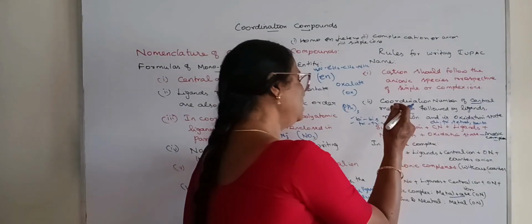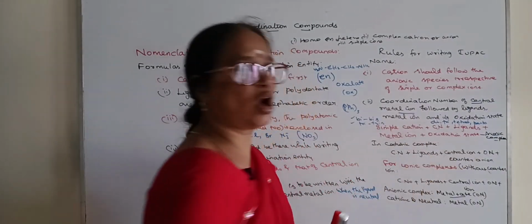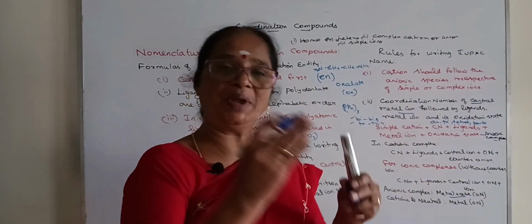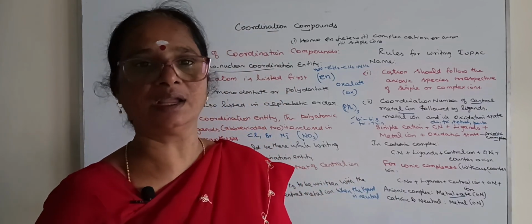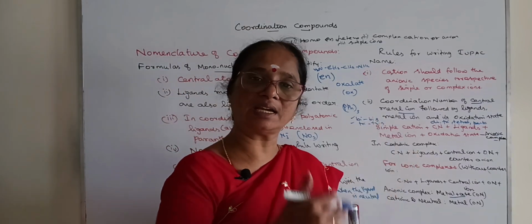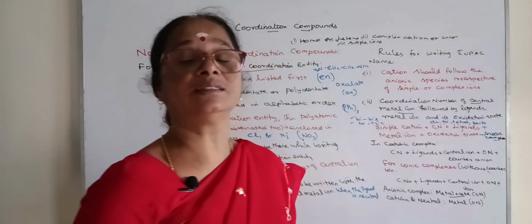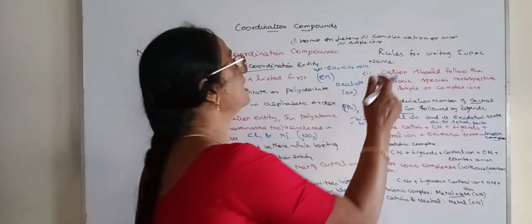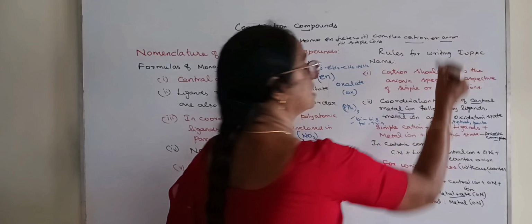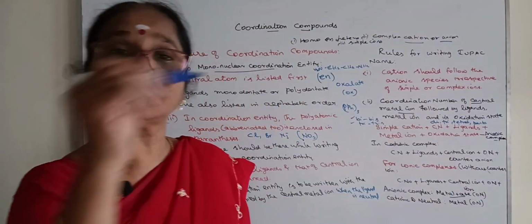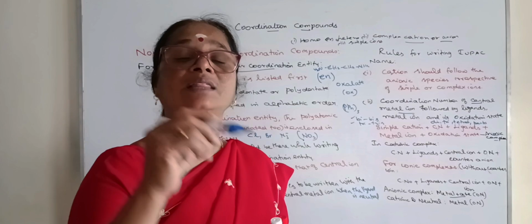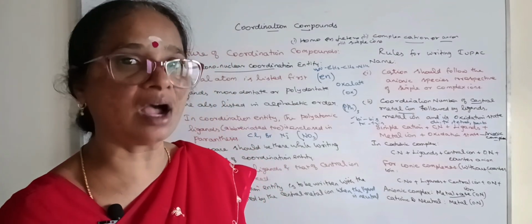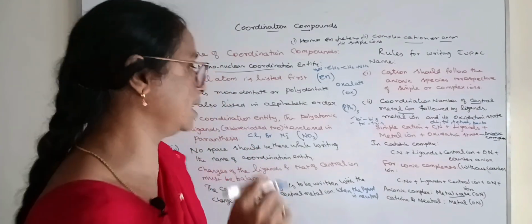In the case of cationic complexes, the metal name stays as it is, nickel only. But in the anionic complex, nickel becomes nickelate. This is why we identify whether the complex is a cationic or an anionic complex, because they differ in the naming of the central metal ion.